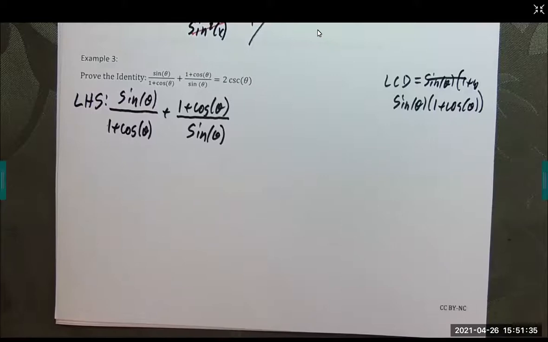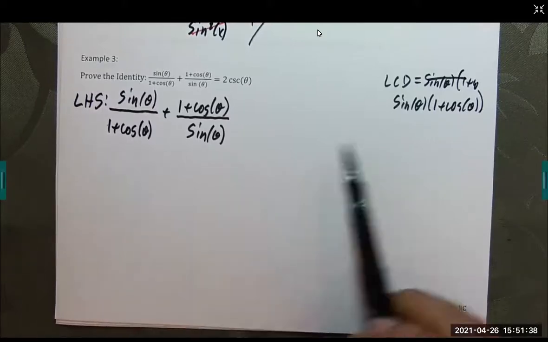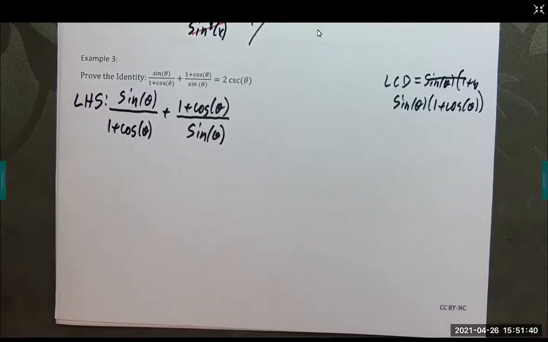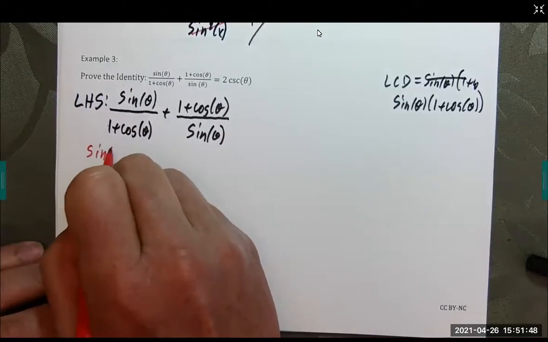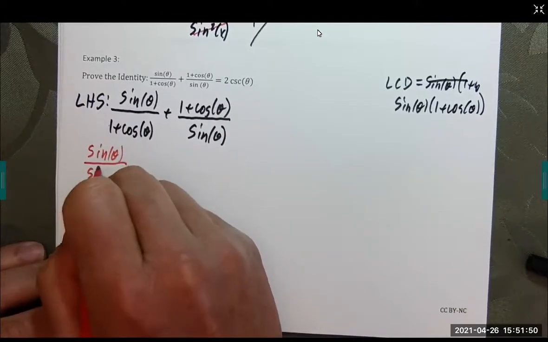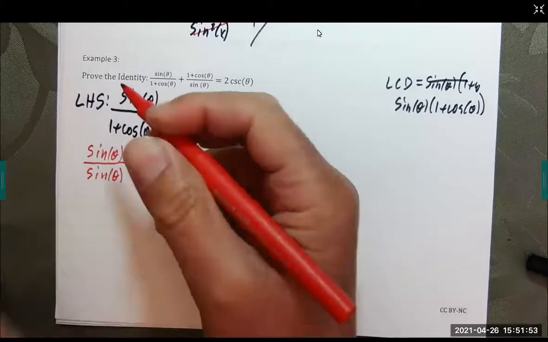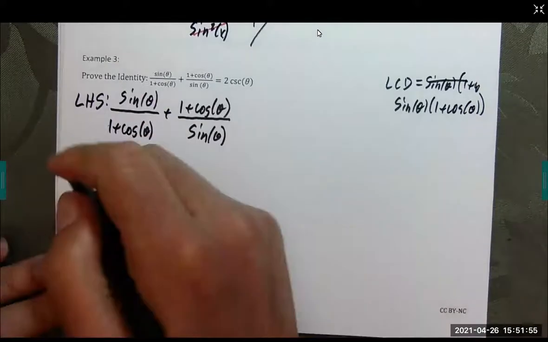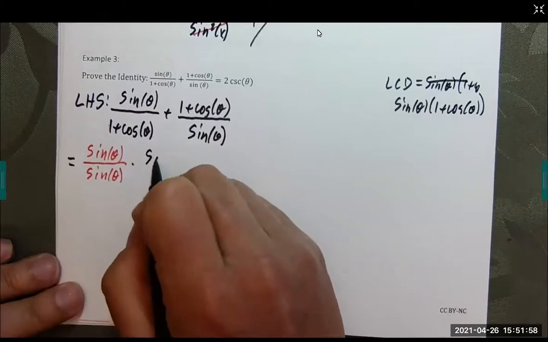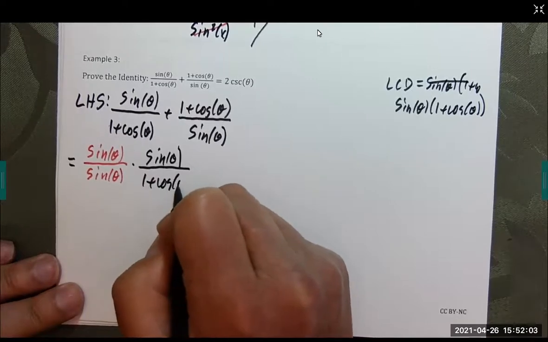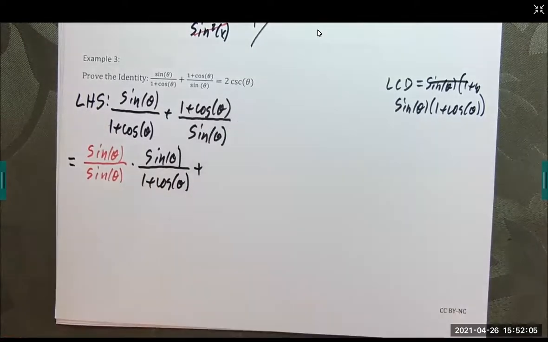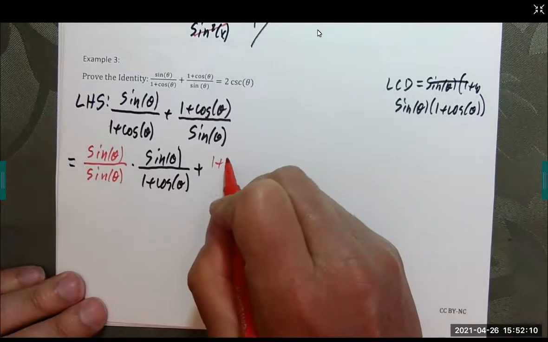So I somehow need to turn these two denominators into that. Well, what's missing on this left side here is sine of theta. And on this one, we need a 1 plus cosine theta.